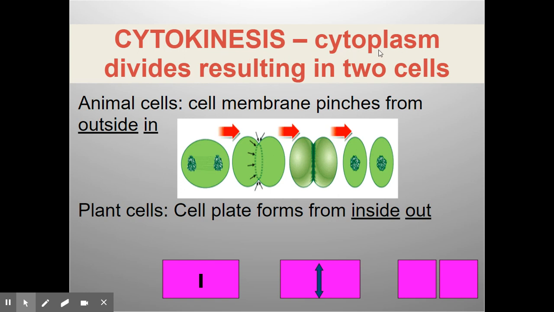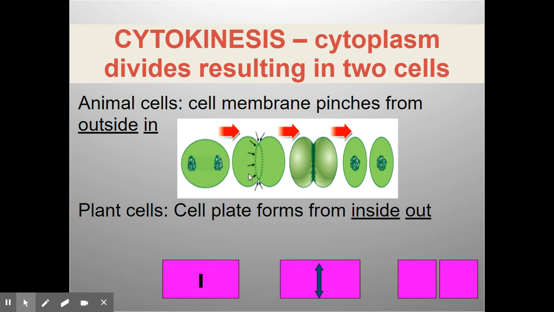After telophase, we enter our final phase of our cell cycle, which is cytokinesis. And this is where cytoplasm just divides, resulting in our two cells. So in animal cells, our membrane pinches from the outside in, kind of like if you took a string on the outside of a water balloon and you tightened it, that you kind of get that look. Or like if you did it to jelly, you know what I mean?